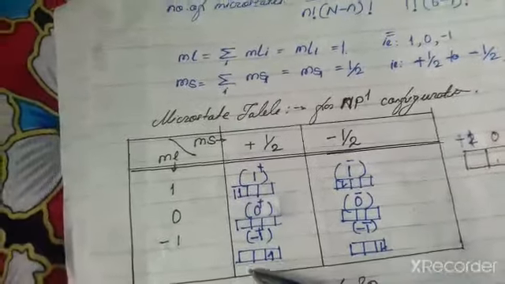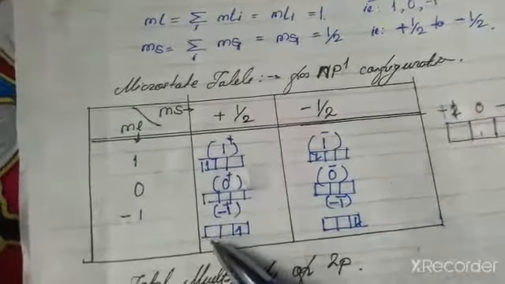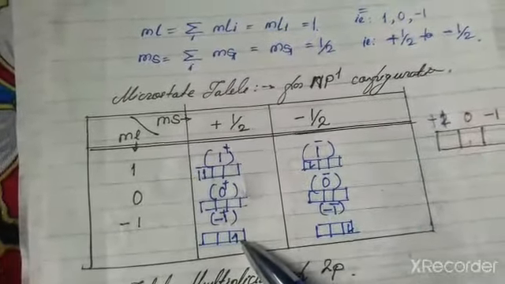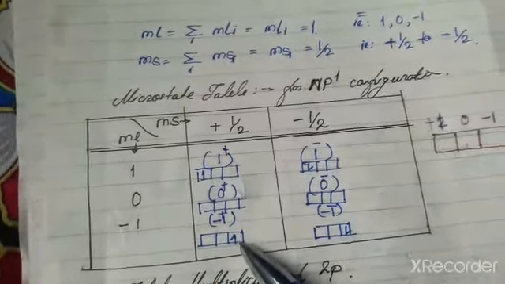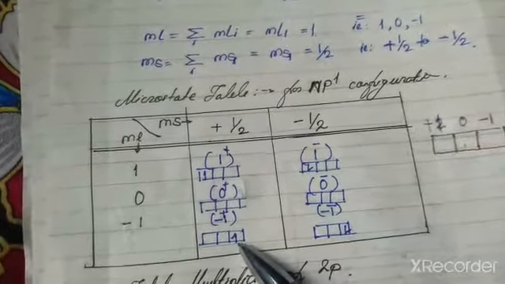Then in the third case there is also the minus 1 value. There are three subshells, and the third one is the minus 1 shell. So I put that electron in this minus 1 shell with positive spin.